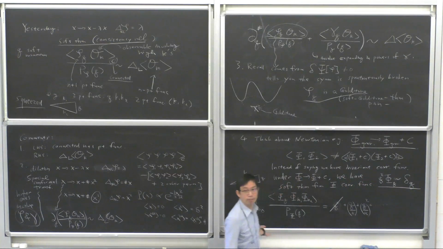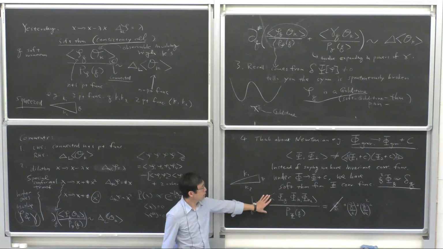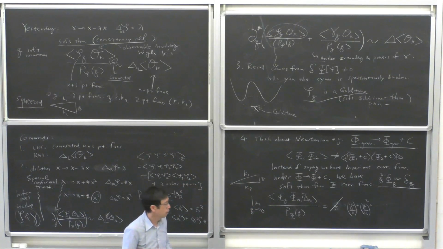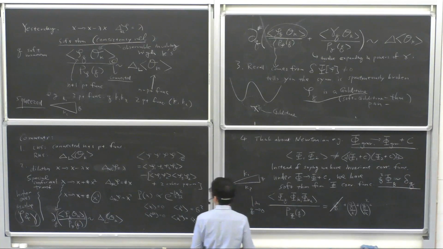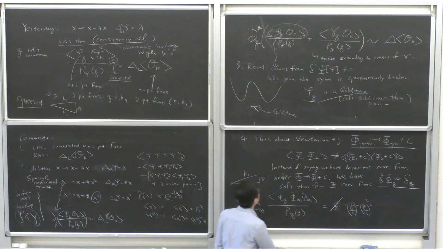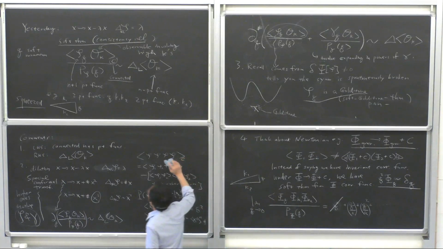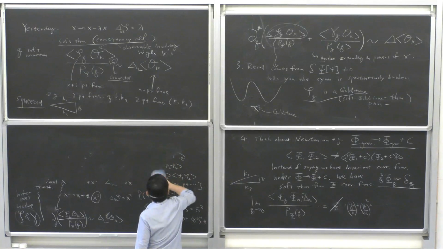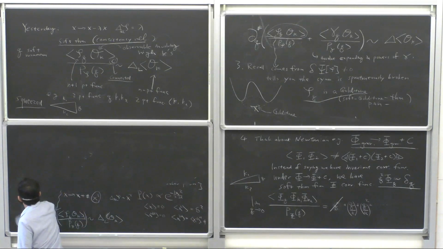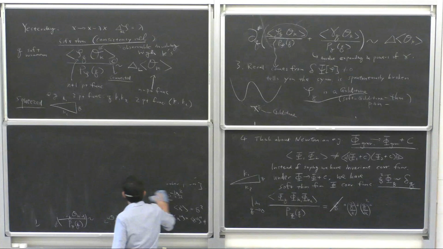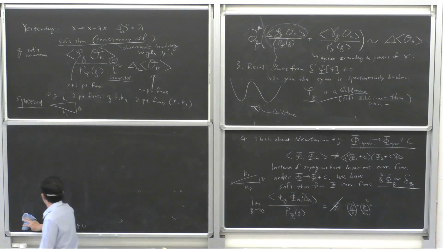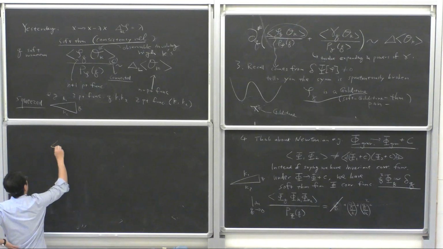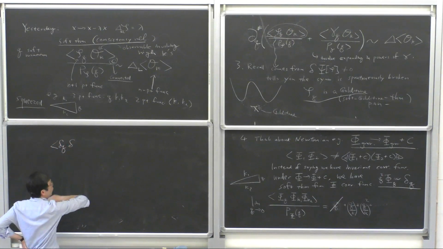And so instead of this statement, perhaps a statement more directly related to what you actually measure would be a statement of the following form. I hope you can kind of see it. It's just saying, well, instead of doing this, I can do this.